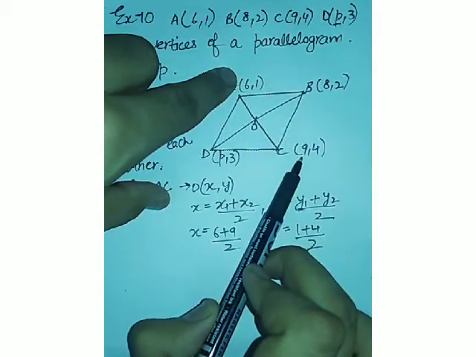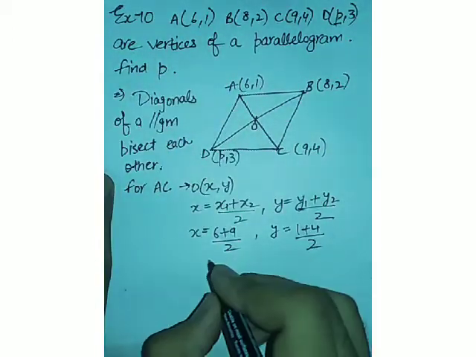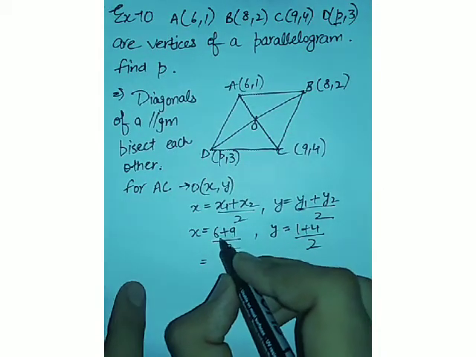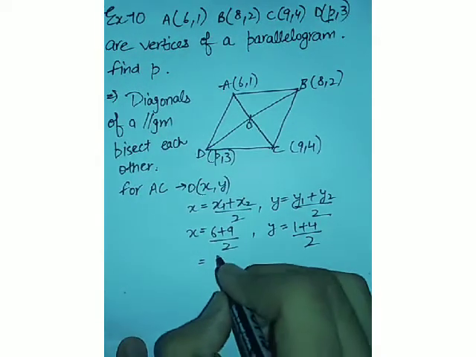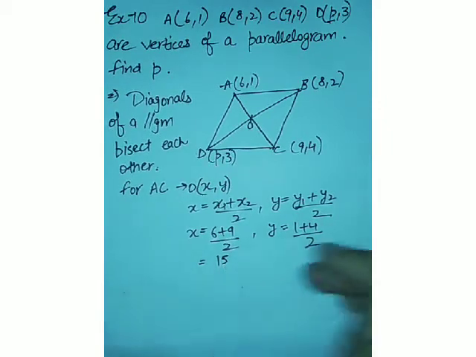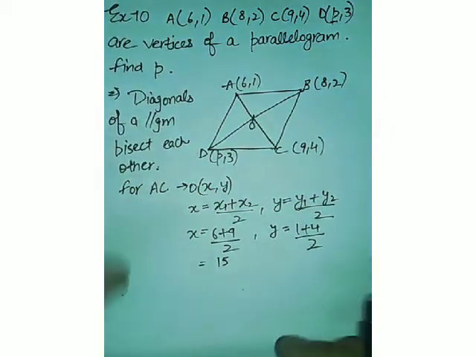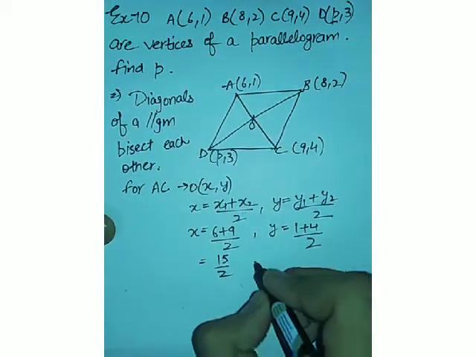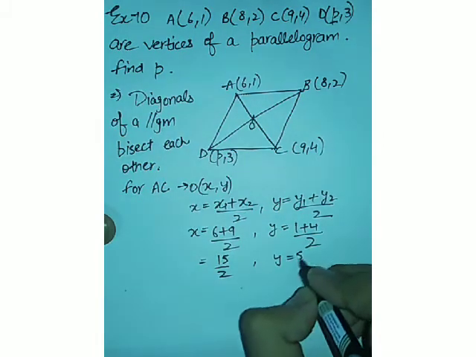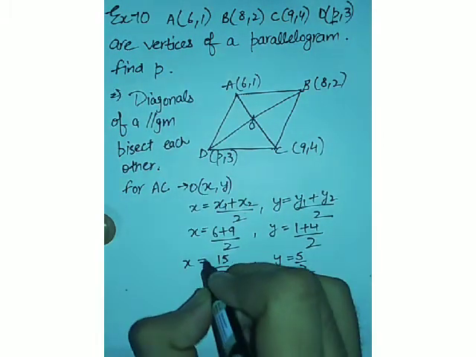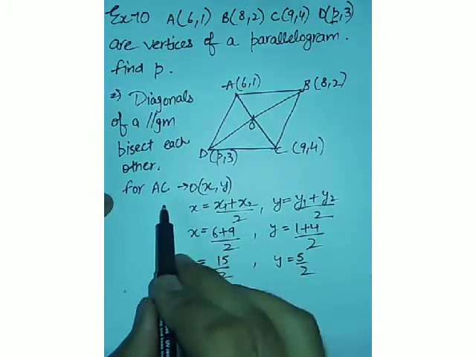You will get x equal to 15 upon 2, and y equal to 5 upon 2. Alright, this is for line AC.